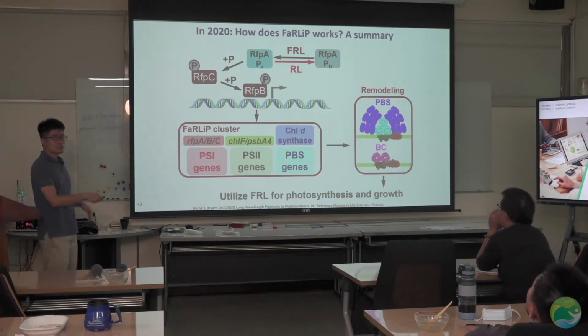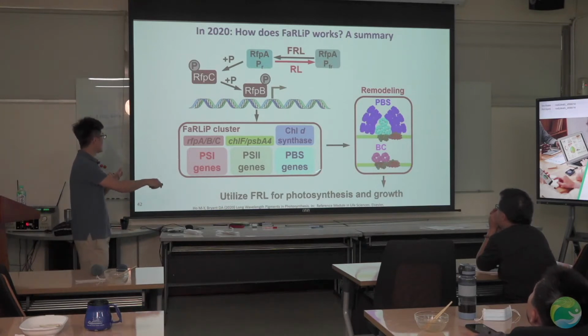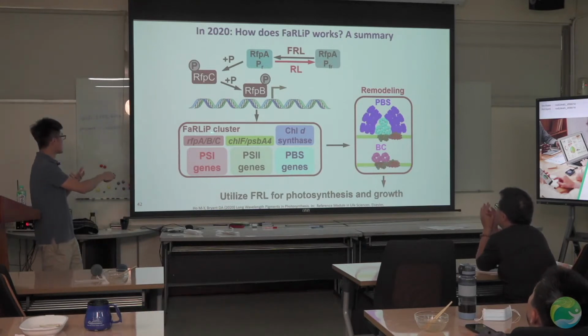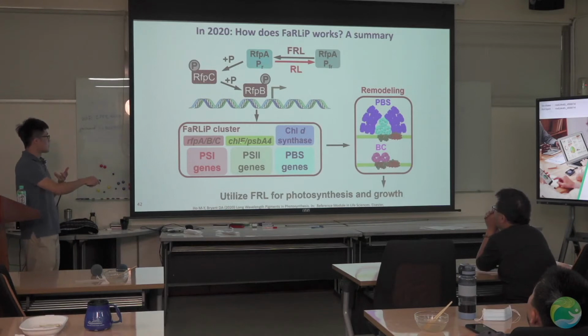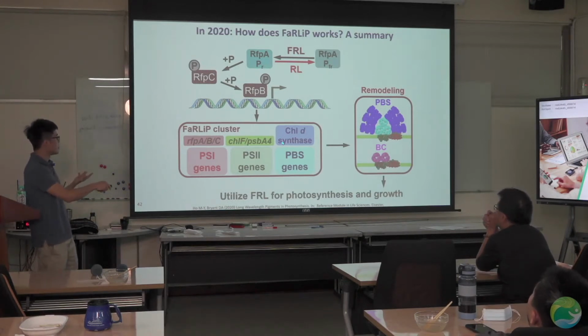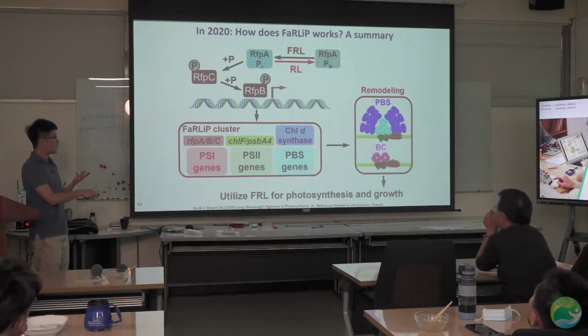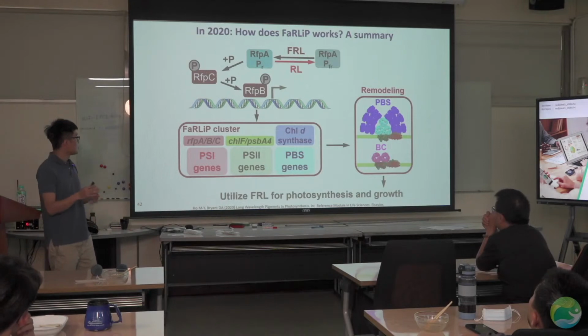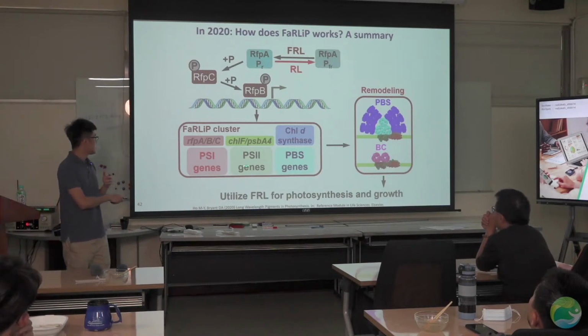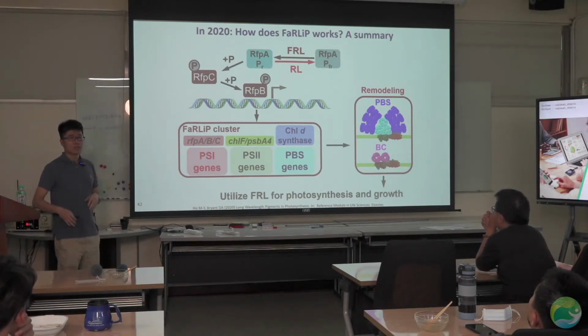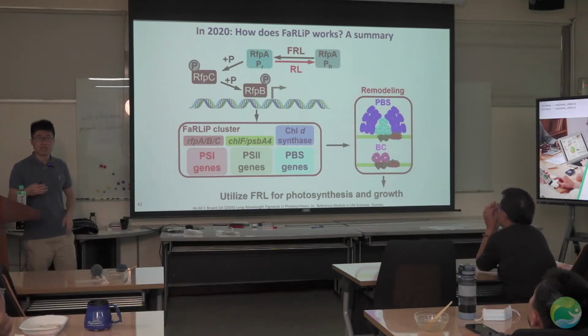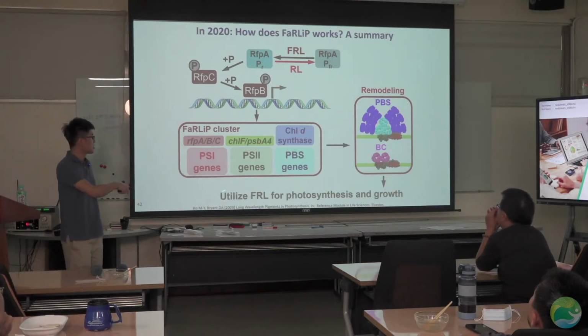And RfpB is a transcription regulator that can regulate the genes in the FaRLiP gene cluster, including ChlF, chlorophyll F synthase, and possibly chlorophyll D synthase, which hasn't been found yet, and the PS1, PS2, and phycobilisome genes. So they can remodel the phycobilisomes and photosystems 1 and 2 to allow them to harvest far-red light to grow.